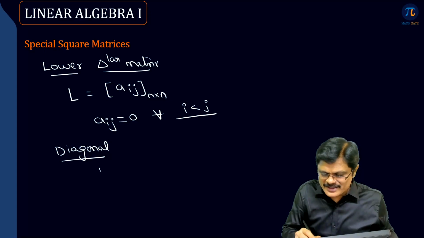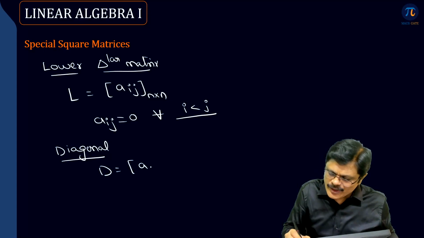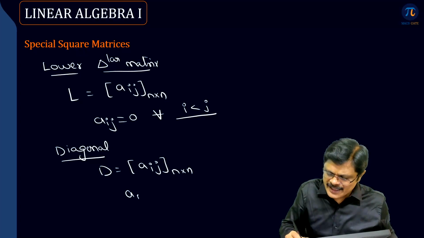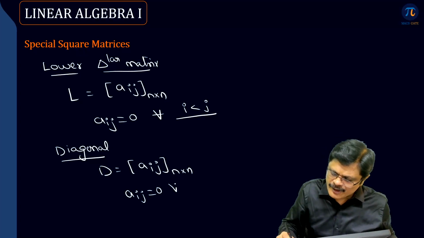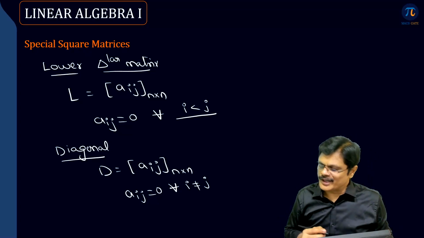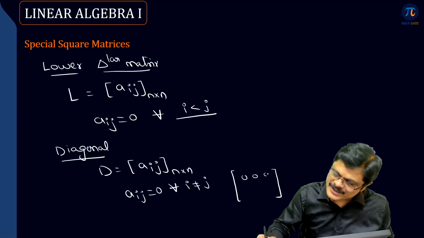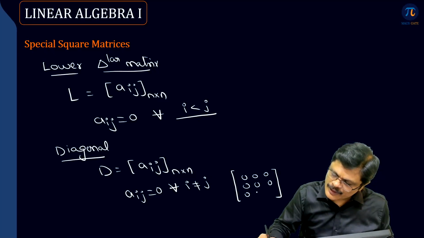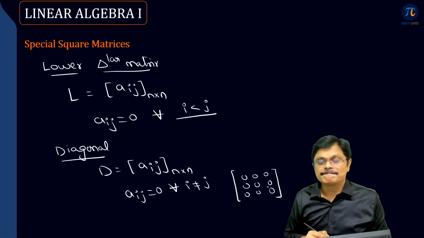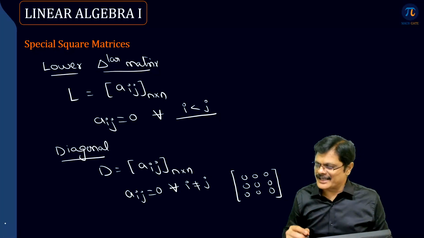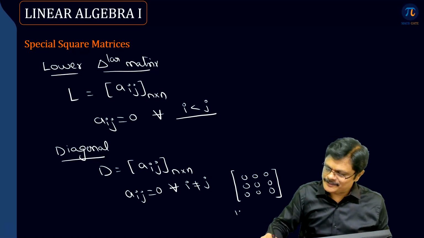The diagonal matrix is also a square matrix. The condition is Aij is equal to 0 for all i not equal to j. Now, I always have this particular doubt, my dear friends, whether this matrix is a diagonal matrix or not.